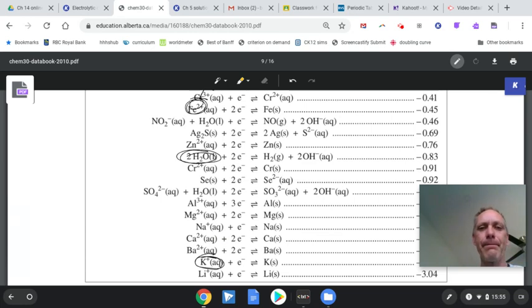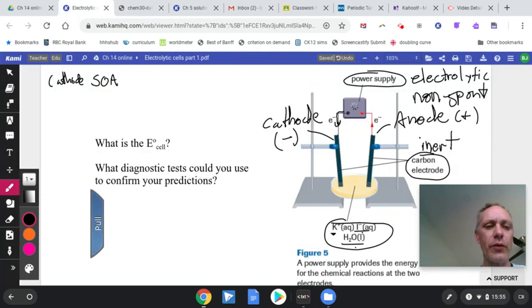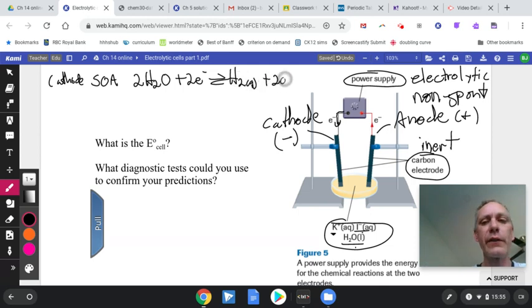Water is. Interesting. So our strongest oxidizing agent is water, and its half reaction is 2 waters plus 2 electrons makes hydrogen gas and 2 hydroxides. Believe it or not, that says aqueous.